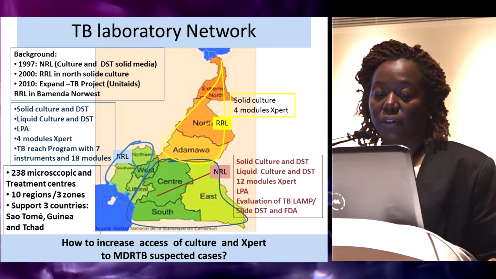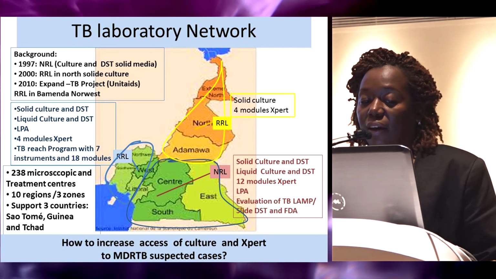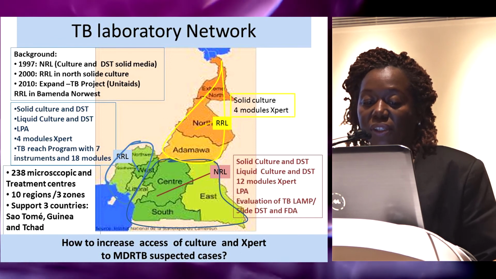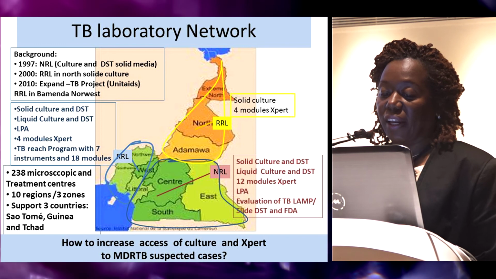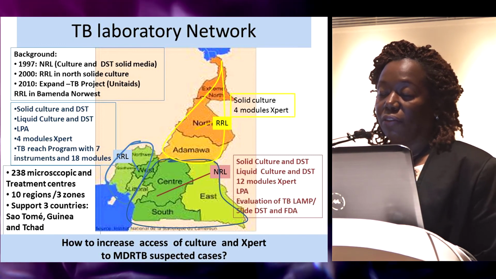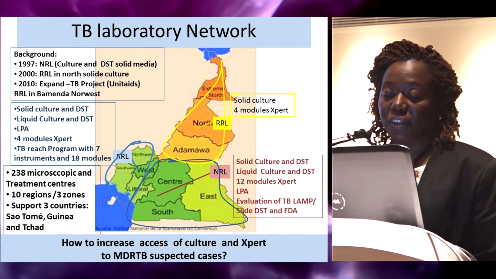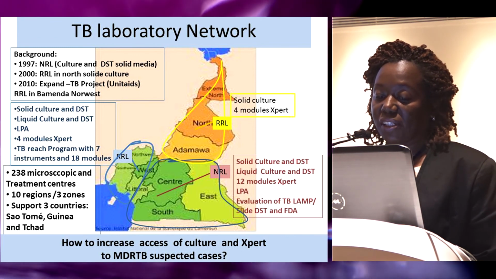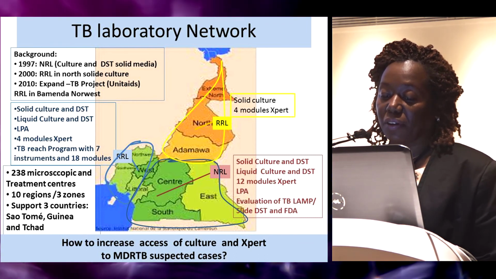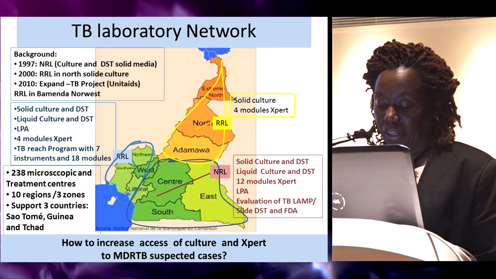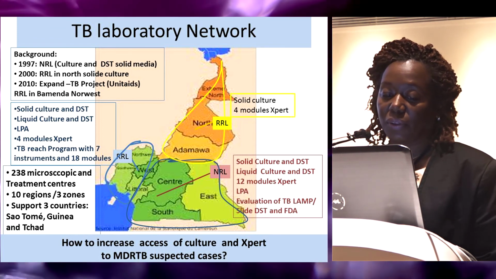Overall, our network comprises 238 basic management units across 10 regions, but the 10 regions are now organized in 3 zones, each covered by a reference laboratory. The reference laboratory in Bamenda is covering this part, the National Reference Lab is covering these 3 regions, and the North Reference Lab is covering 3 other regions.